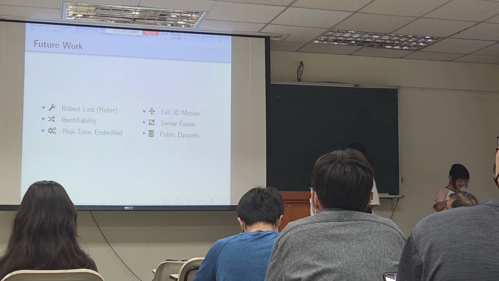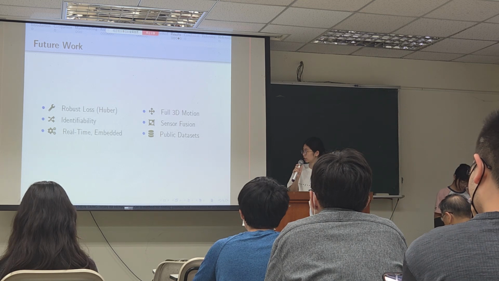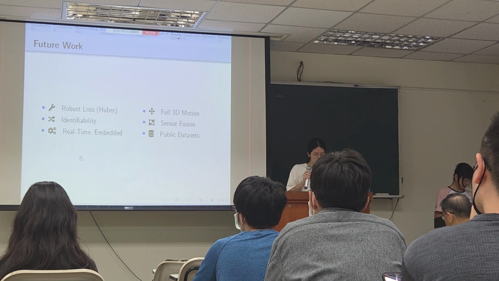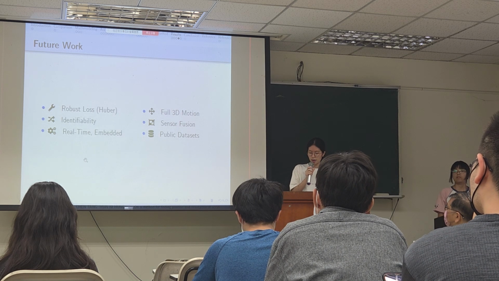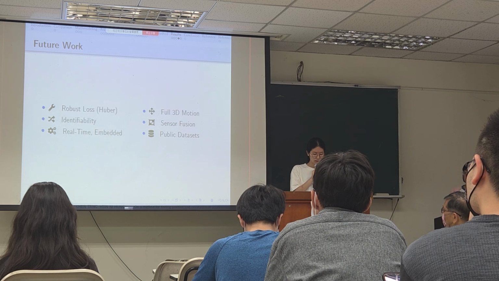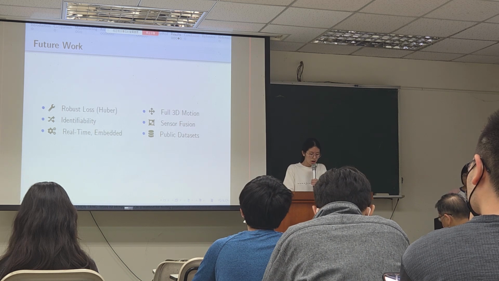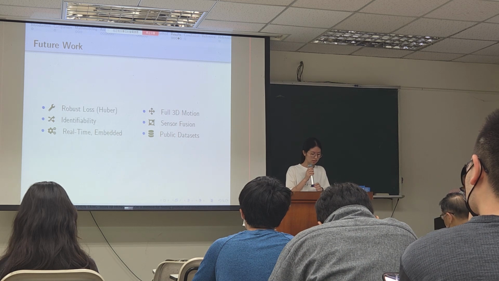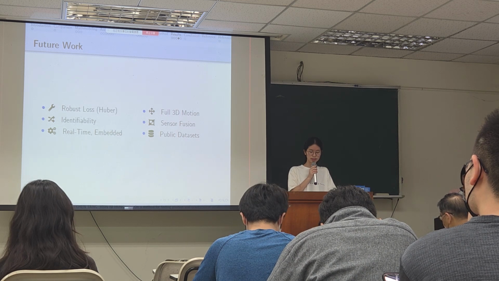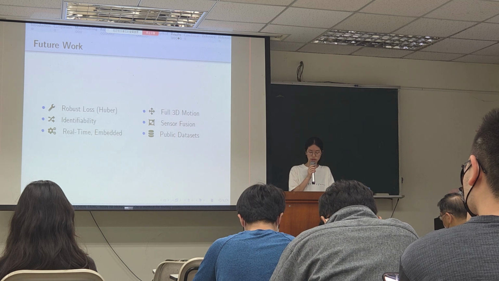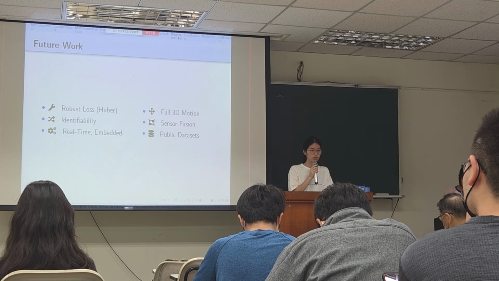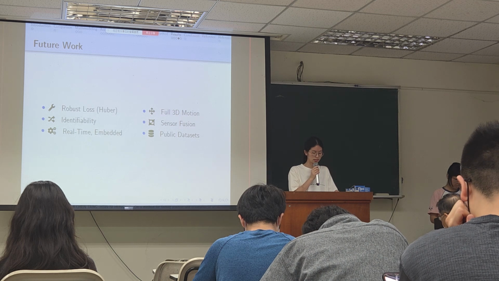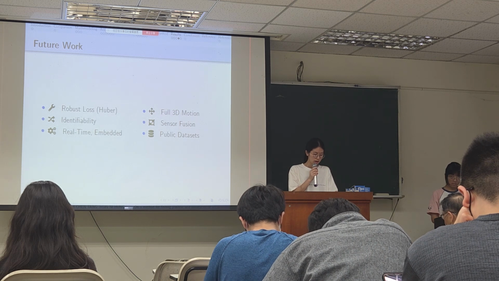Now, I wanted to highlight some extended discussion and plans for future work. First, our current optimization uses the squared L2 norm, also known as least squares, because it is mathematically simple and the solver converges quickly. However, this norm is sensitive to outliers and abnormal noise in the sensor data.